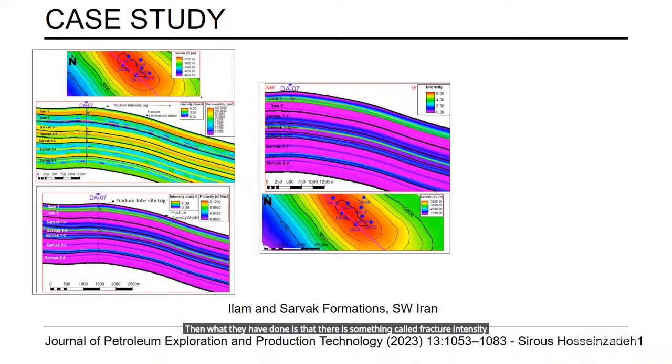Fracture intensity is nothing but the number of fractures in a given area, and that is computed in an FMI. You can have discrete logs of that fracture intensity, and they used it, upscaled that information in the model, and populated it.